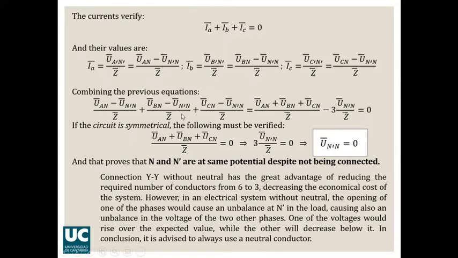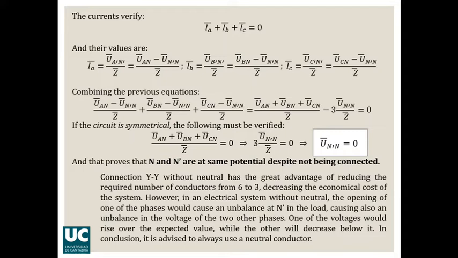So when we have a star-star or Y-Y connection, if we don't have a neutral, we can go from 6 conductors, which were the 3 phases and their 3 neutral conductors, to only 3 conductors, and with that we decrease the economical cost of the system.